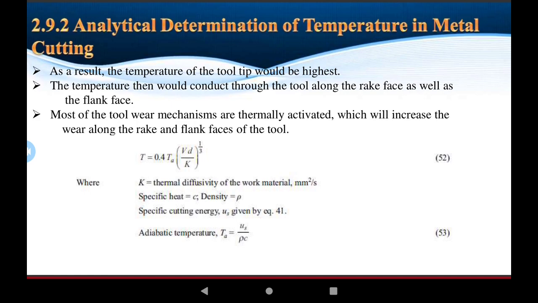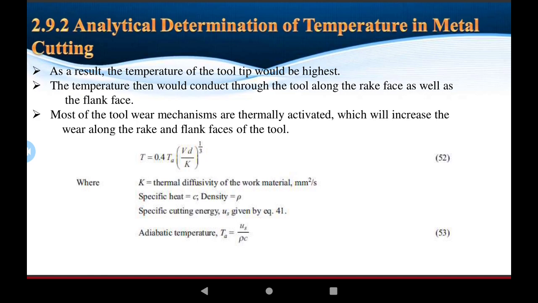Analytical determination of the temperature in metal cutting. As a result, the temperature of the tool tip is the highest. For the tool material, the temperature at the tip is very high, and the heat is conducted through the tool along the rake face. Most tool wear mechanisms are thermally activated, which increases the wear along the rake face of the tool.